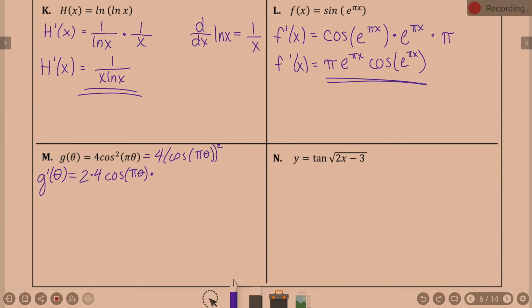We have to do the derivative of cosine first. What's the derivative of cosine of something? Negative sine of something. So negative sine of pi theta. And then the derivative of pi theta, which is pi.